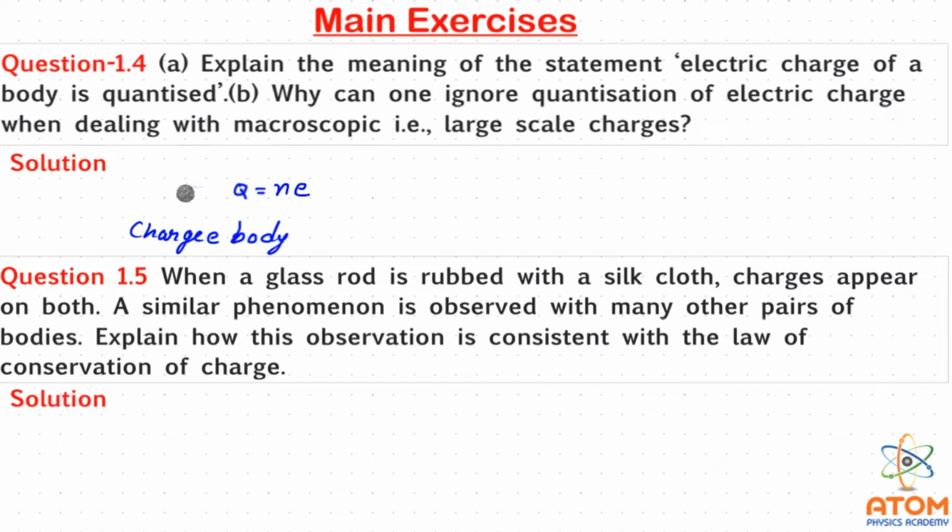So obviously Q is equal to Ne. This is known as quantization of charge, meaning the charge is an integer multiple of E. That means here N is either 0 or 1 or 2 or 3 and so on.